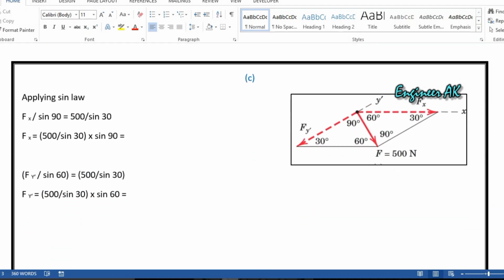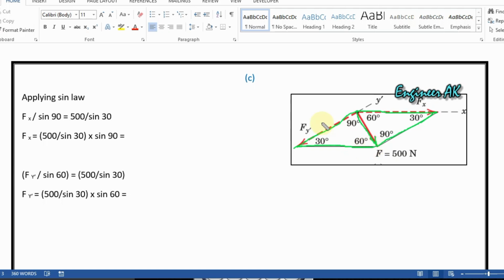So here you can see how this parallelogram is made. The force was in this direction, right? And we studied the parallelogram law in the first lecture of chapter 1. So if I move it here, and then I move like this to this F of y dash, I draw a parallel line here, and to this F of x I draw a parallel line here.